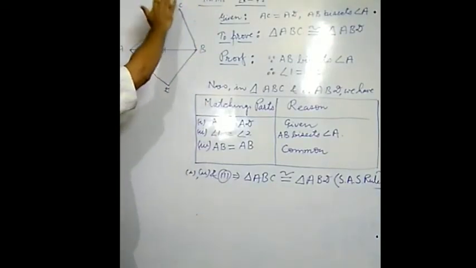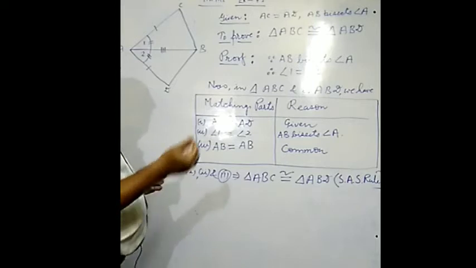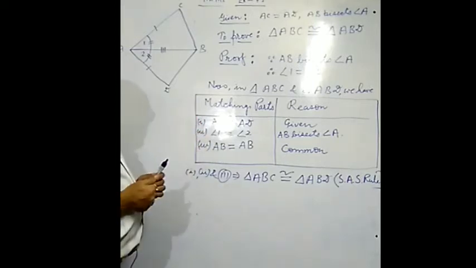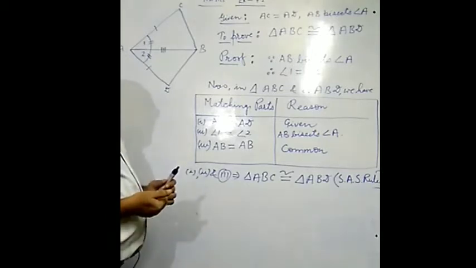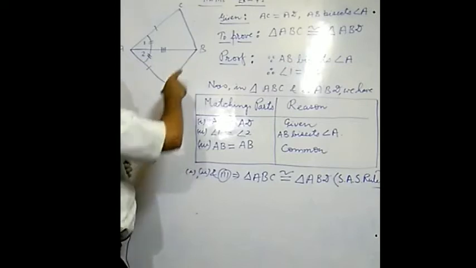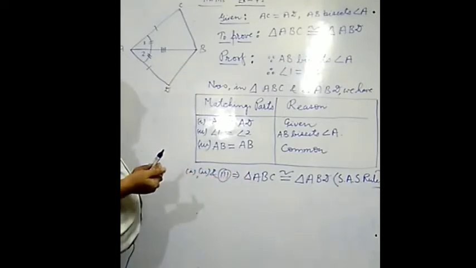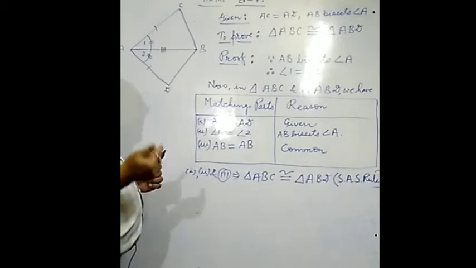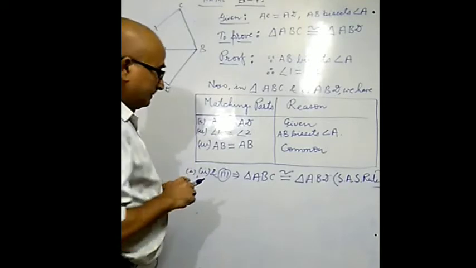If both the triangles are congruent, on the basis of 3 matching parts we have proved this, now all the rest of the matching parts will be equal. So BC will be equal to BD. Why? Because of corresponding parts of congruent triangles, CPCT.